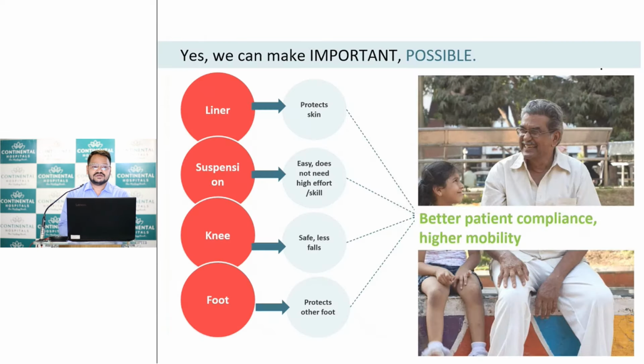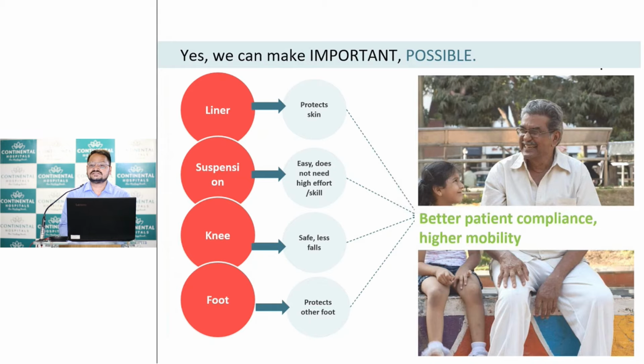Now if we think about the first slide we talked about, the gentleman is an above-knee prosthetic user. In these conditions, we have a liner, a suspension system, a prosthetic knee joint, and a foot that provides the kind of movement we want. The person can then focus on day-to-day activities rather than being concerned about what is happening in the artificial limb.